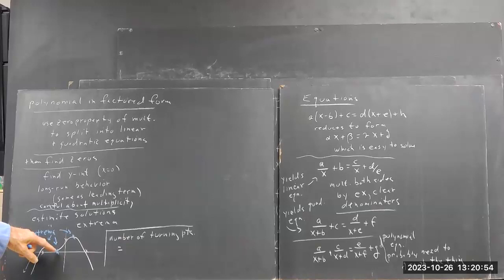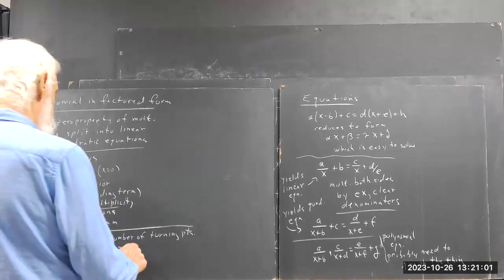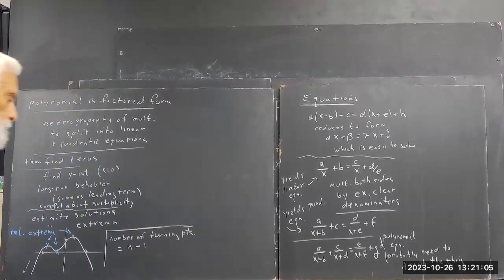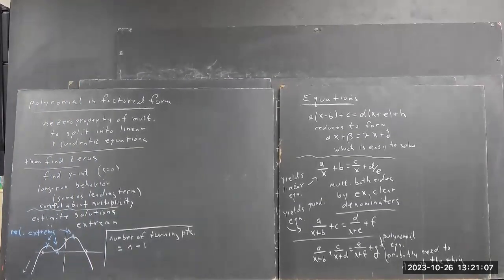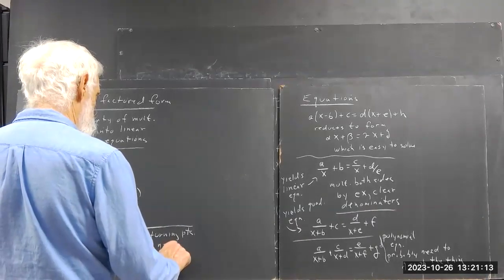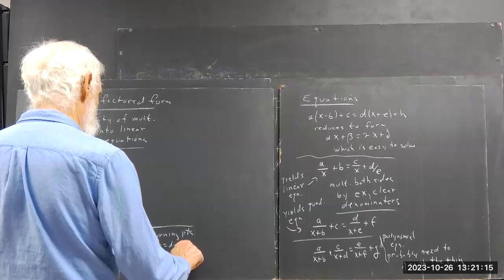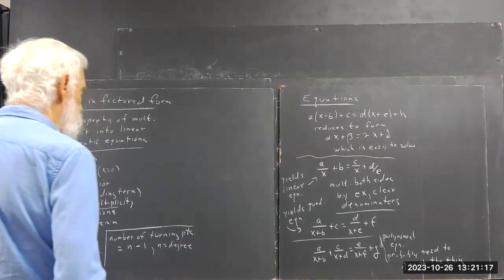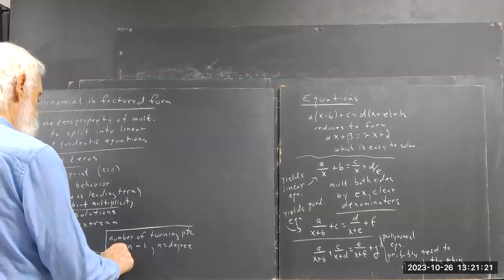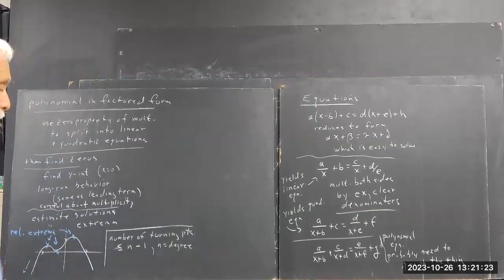I turn here, I turn here, and I turn here. 3 turning points, right? It's n minus 1, where n is the degree. It doesn't have to be n minus 1. It can't be greater than n minus 1.